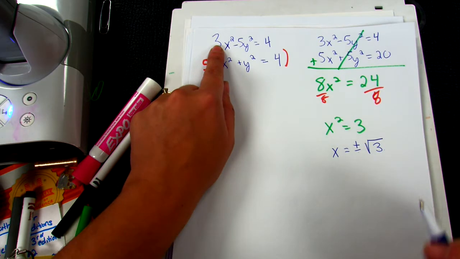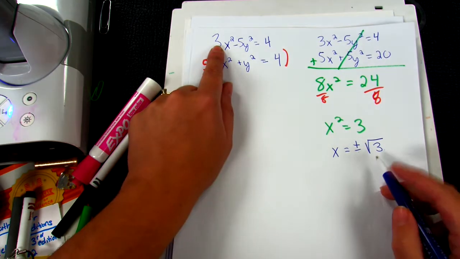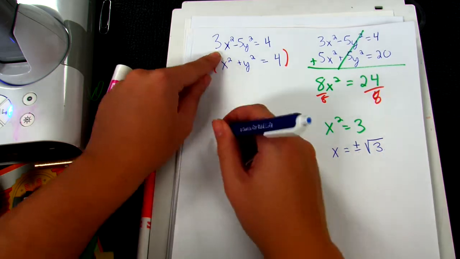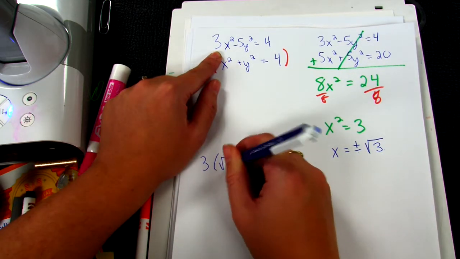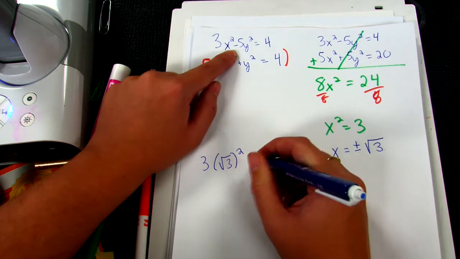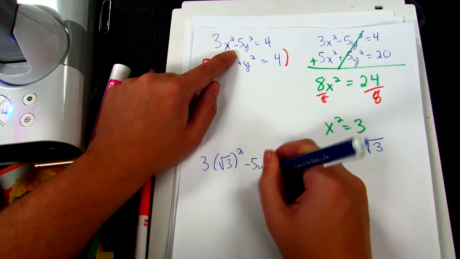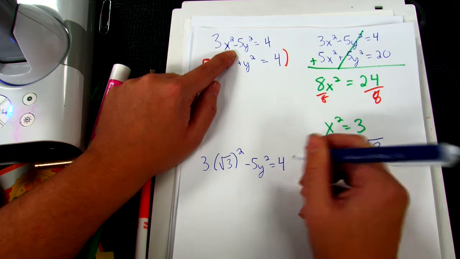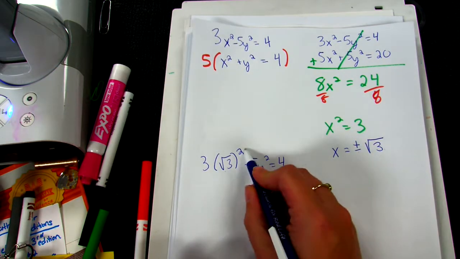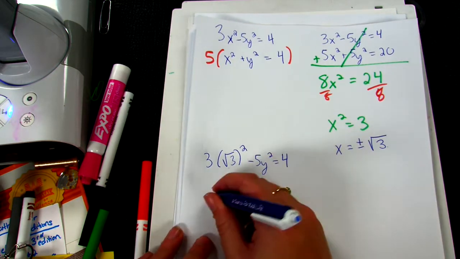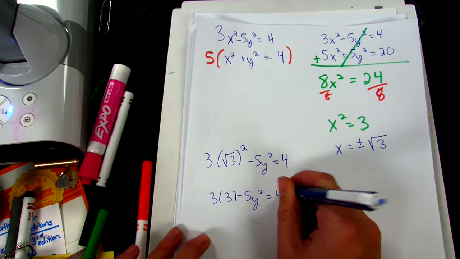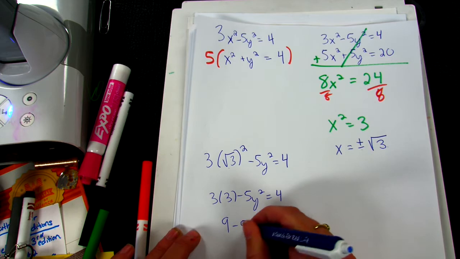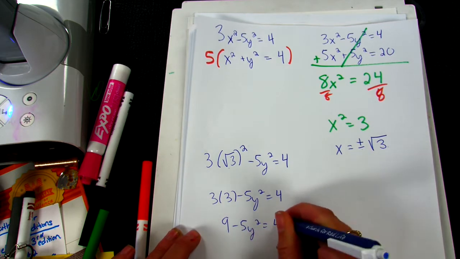So let's do positive square root of 3 first, okay? So 3 times the square root of 3 squared minus 5y squared equals 4. Okay, square root of 3 squared is 3. So 9 minus 5y squared equals 4.